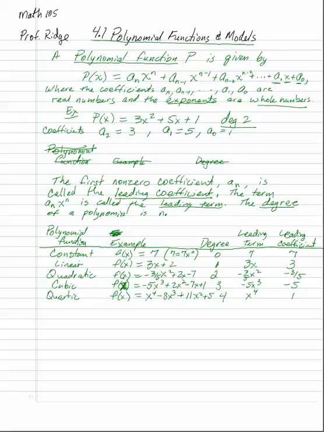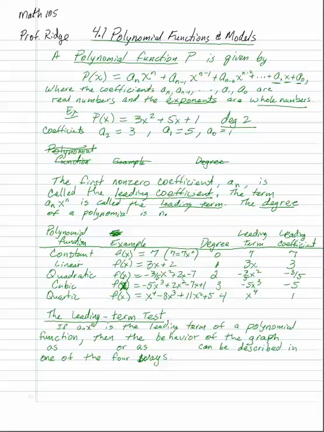All right. Now let's talk about the leading coefficient test. Okay, so here it's the leading term test. Other books call it the leading coefficient test, but here we're calling it the leading term test.